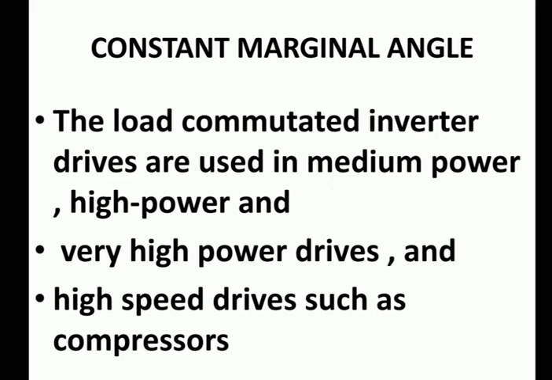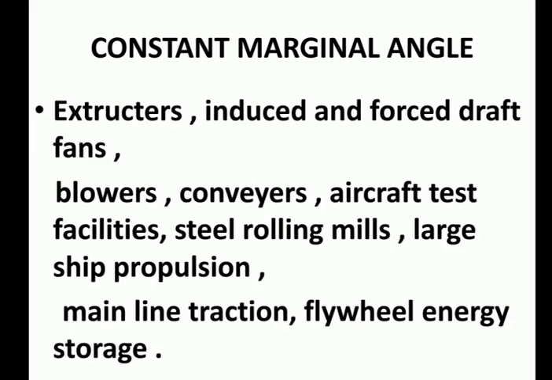The load commutated inverter drives are used in medium power, high power and very high power drives, and high speed drives such as compressors, extractors, induced and forced draft fans, blowers, conveyors, aircraft test facilities, steel rolling mills, large ship propulsion, mainline traction, flywheel energy storage.